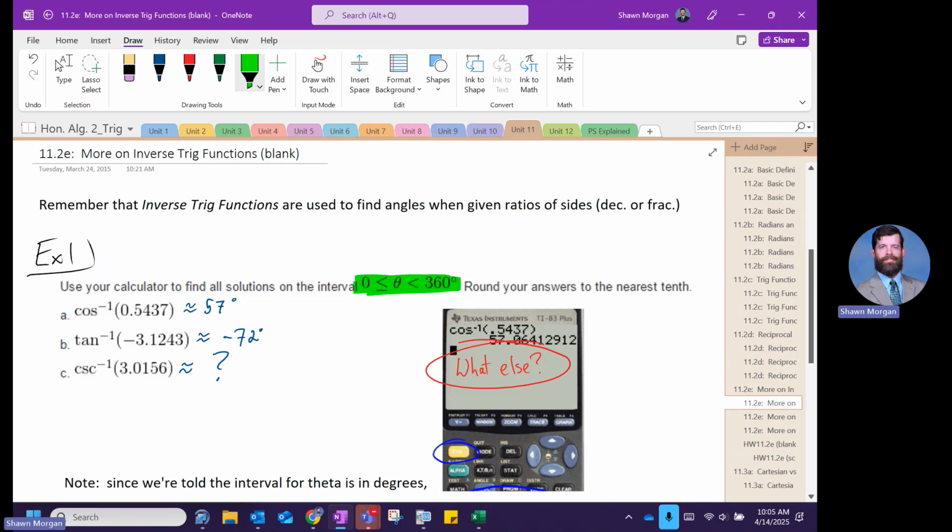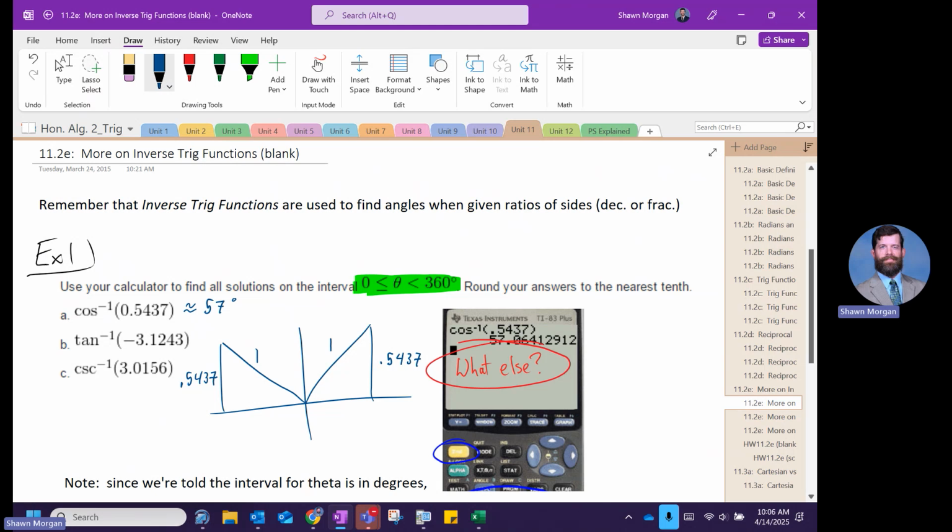I need to remember that for every trig function, there are 2 quadrants in which it is positive and 2 quadrants in which it is negative, right? So 0.5437, for example, could be the opposite in 2 different locations.